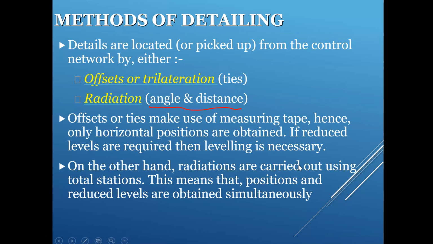Now, as I said just now, because you will likely be using a total station most of the time to do your detailed survey, I would imagine that you'll be using the radiation method rather than the offset or trilateration. However, if you have very short distances to a detail along the traverse line, you can always use offset.